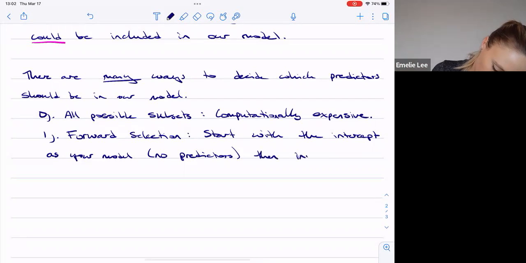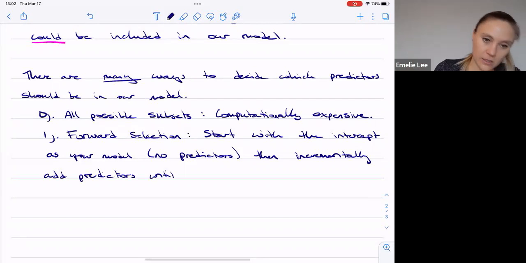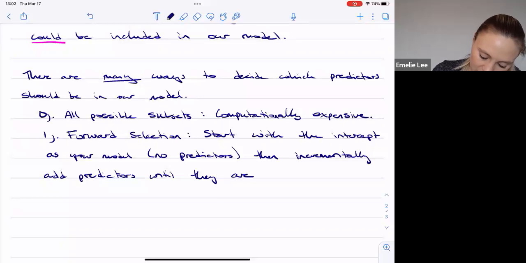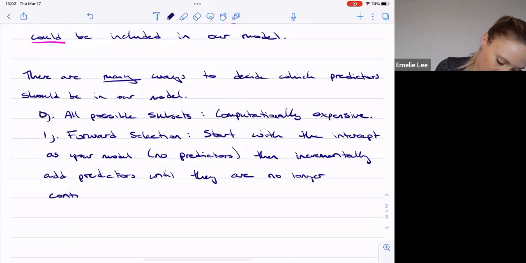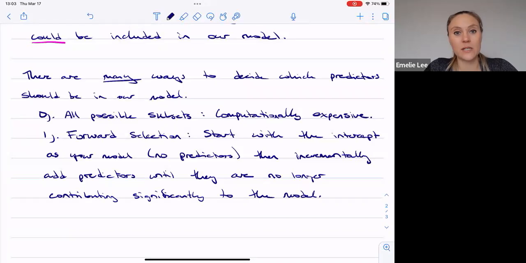Then incrementally add predictors until they are no longer contributing significantly to the model. Okay, that's one way to do it.